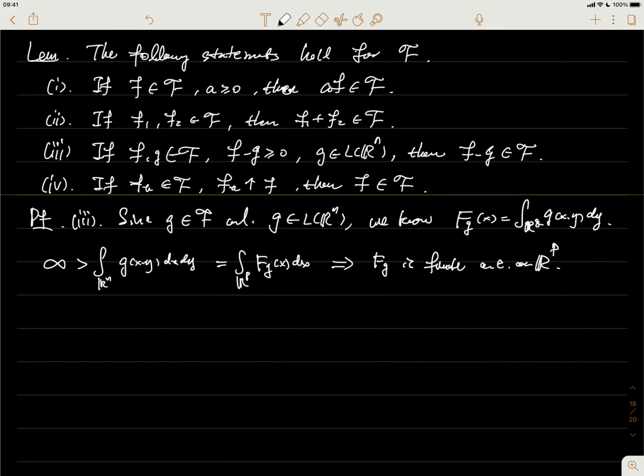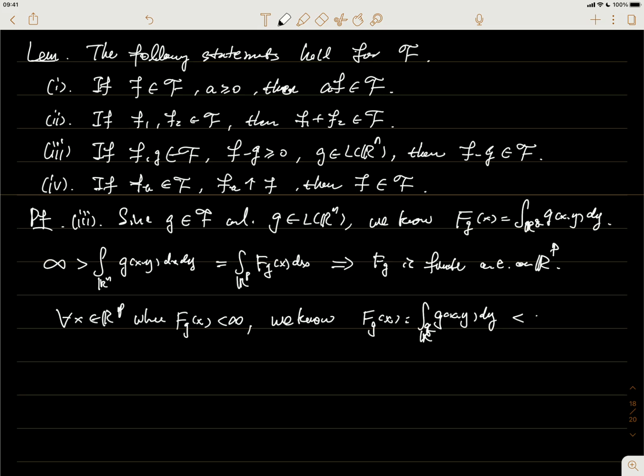Okay, then for any x in Rp where this fg of x is finite, I can see that because fg of x is defined as the integral of g over y, this one will be finite.